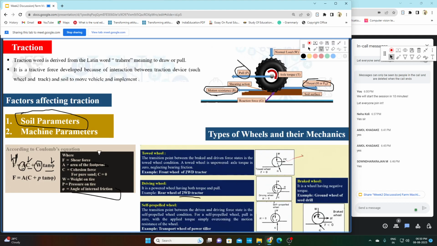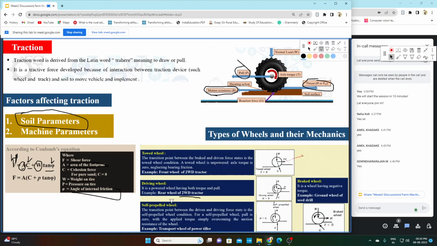Again I am repeating, there are 4 types of wheels: towed wheels, driving wheels, self-propelled wheels, and brake wheels. Towed wheels are wheels that have zero torque or zero power, like the front wheels of your tractor. Driving wheels have torque and power, like the rear wheels of your tractor.